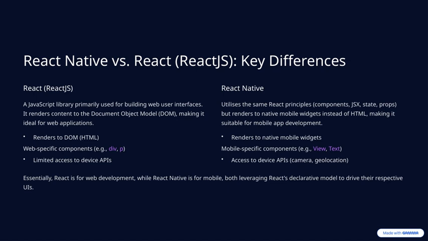In essence, React is tailored for web development, while React Native is optimized for creating mobile apps. Both leverage React's declarative approach to UI design, but they target different platforms. Understanding these distinctions is crucial as we move forward in learning how to build cross-platform applications efficiently.